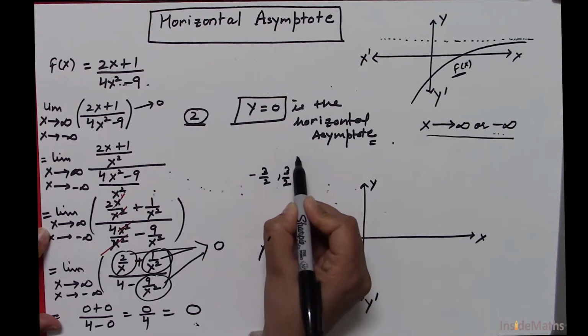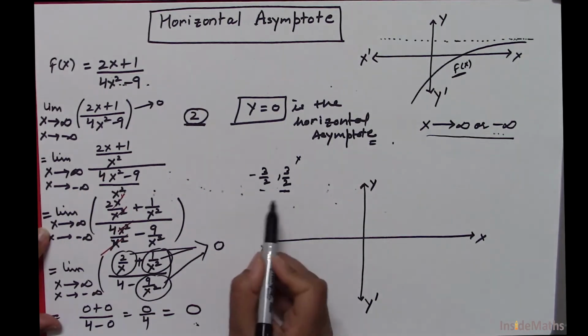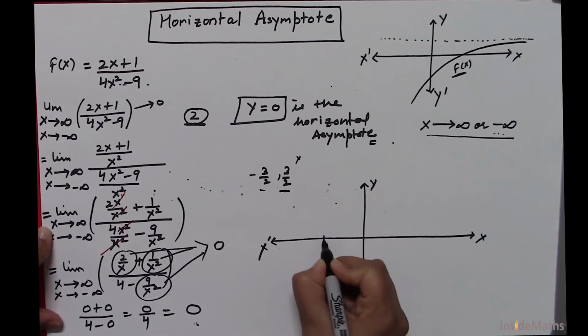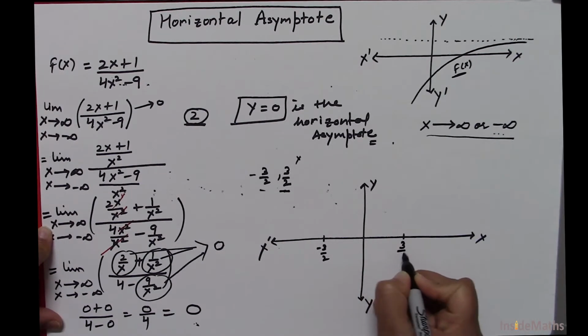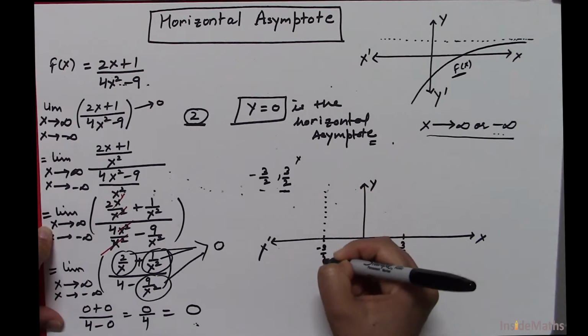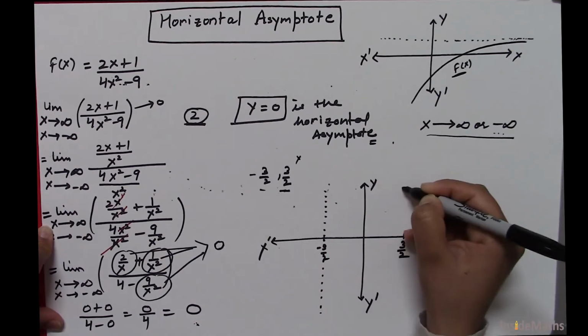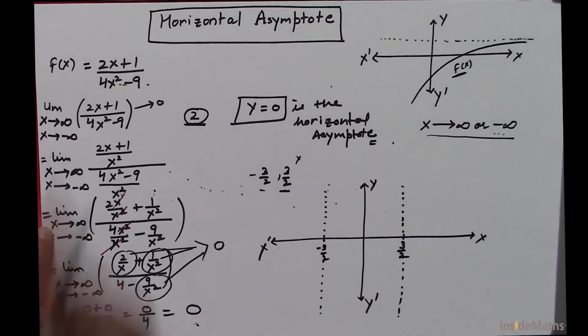This function is not defined at these 2 points as the denominator is 0 at these 2 points. So at negative 3 by 2 and at positive 3 by 2 the function is undefined. So these two are the vertical asymptotes of this function.